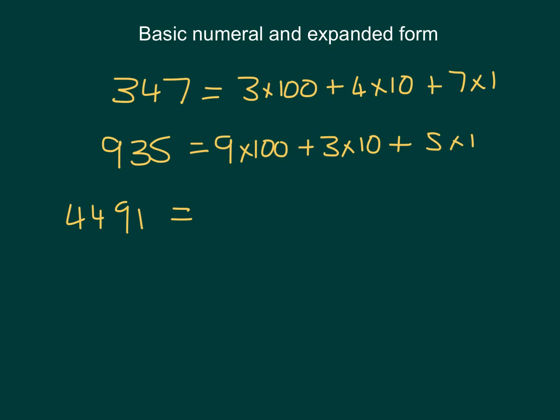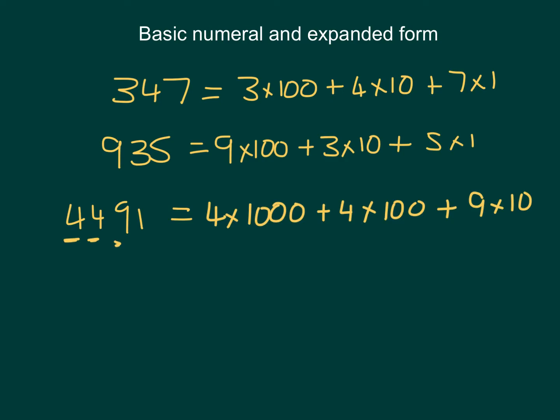Well, we just carry on. 4 by 1,000, because now we've got thousands, that's 4,000, plus 4 by 100, that's our hundreds, plus 9 by 10, and finally we need to do plus 1 times 1. That is called expanded form.